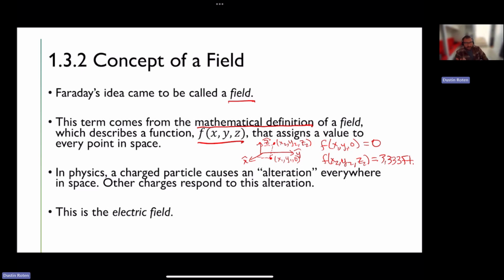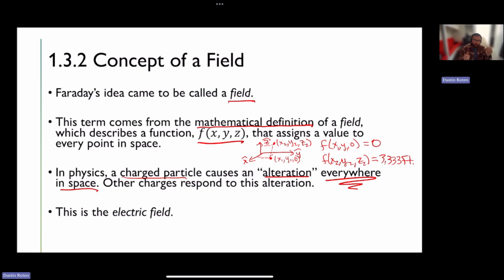So in our context, since we're talking about point particles, a charged particle will cause an alteration everywhere in space. Just like gravity, it doesn't matter how far away you get, it might get really weak, but there's still going to be some non-zero magnitude associated with it.